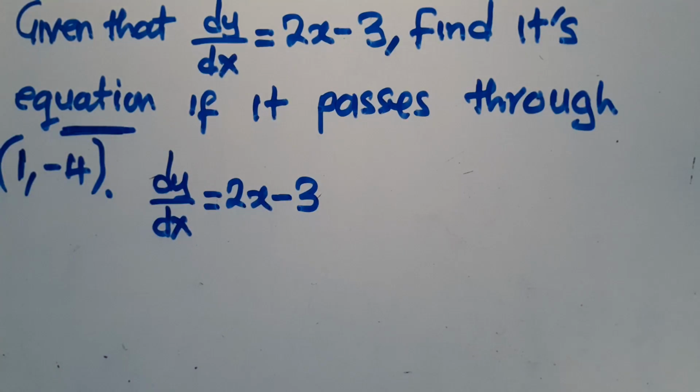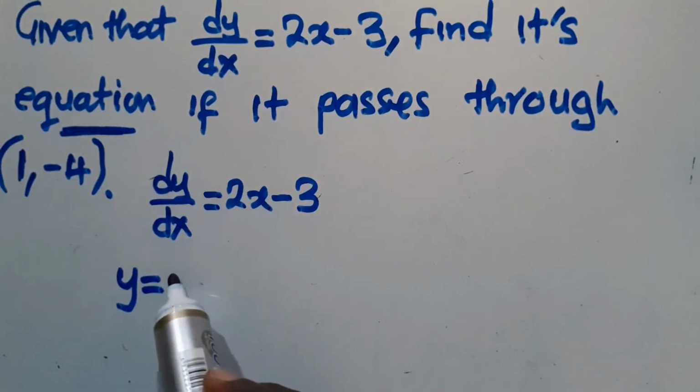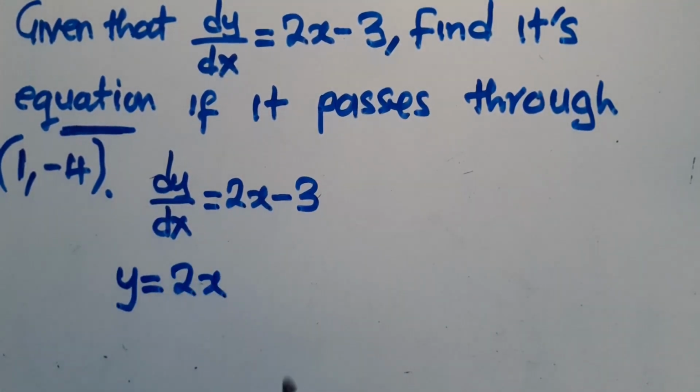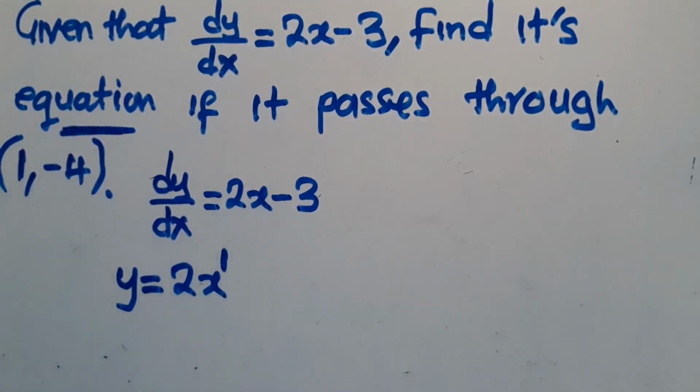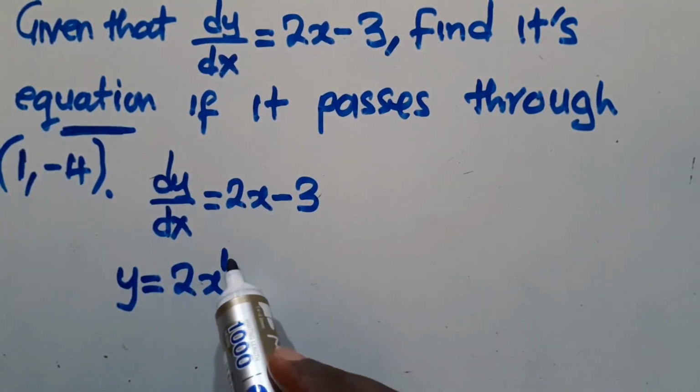For you to calculate its equation, you need first to integrate. That's the first thing that you need to do. So how do we integrate? We say y is equal to 2x, then the power there is 1, so you say plus 1.